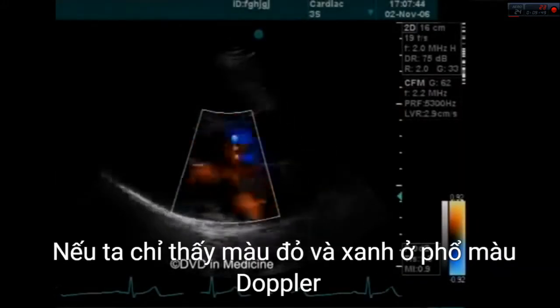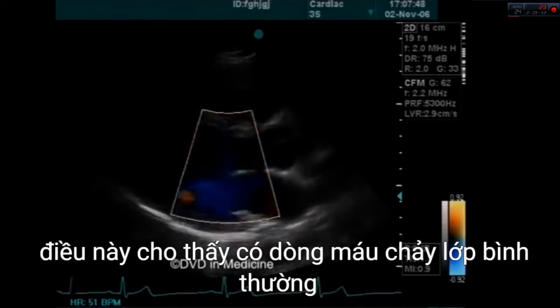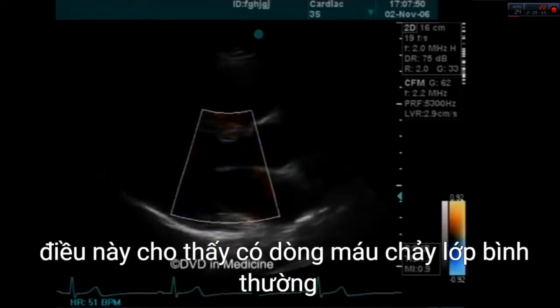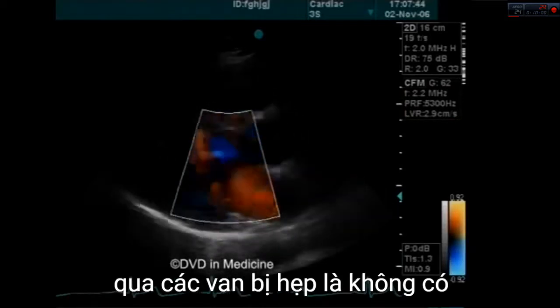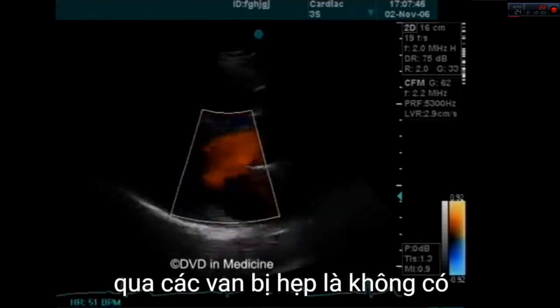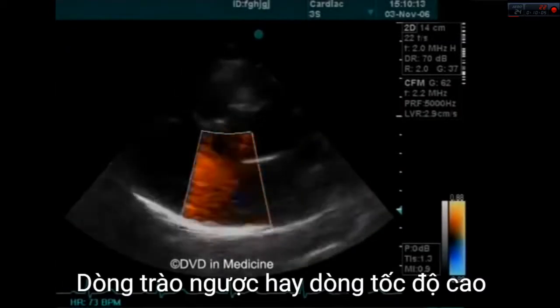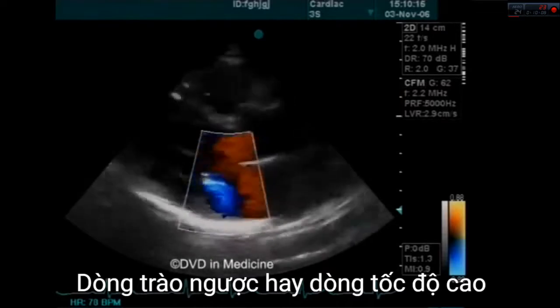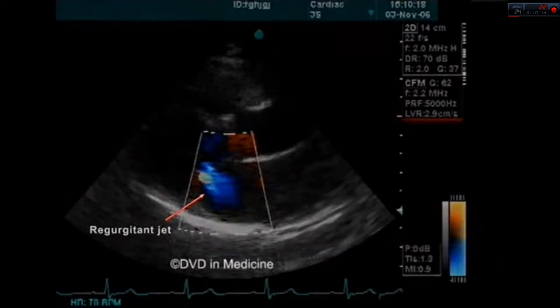If one sees only red and blue colors in the Doppler's color sector, this indicates that only normal laminar blood flow is present and that regurgitant jets, or high-velocity flows through the stenotic valves, are absent. Regurgitant jets, or turbulent high-velocity blood flows, will be represented by a green color or a bright mosaic of colors.